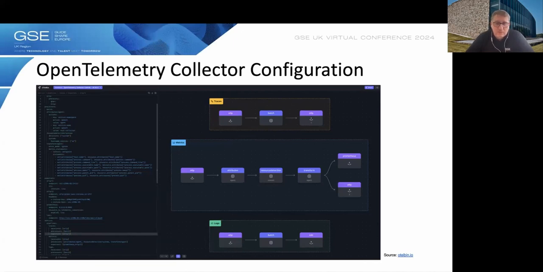And then a transformation step is being applied. And then the data is sent to 2 targets in this case. Once it's sent via OpenTelemetry, and that could be any particular backend supporting the OpenTelemetry protocol. And then the second one, as you can see, is Prometheus.